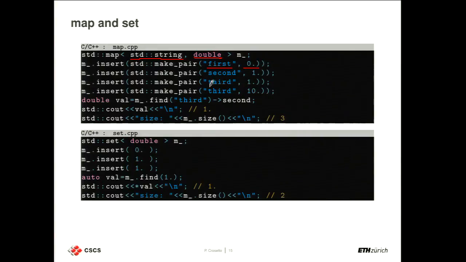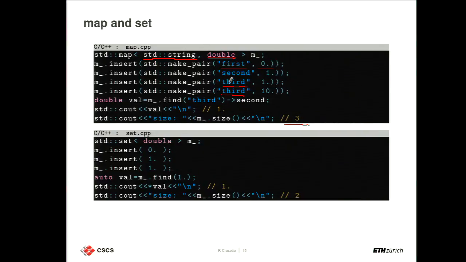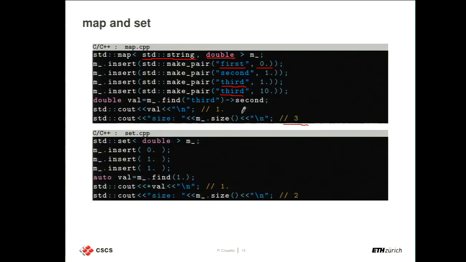I can specify the same keys, but then this will be filtered out in the standard map. So the size will be 3 in this case, because I insert two things with the same key. If I use multimap, this size will be 4, and both of them will be stored inside the map.